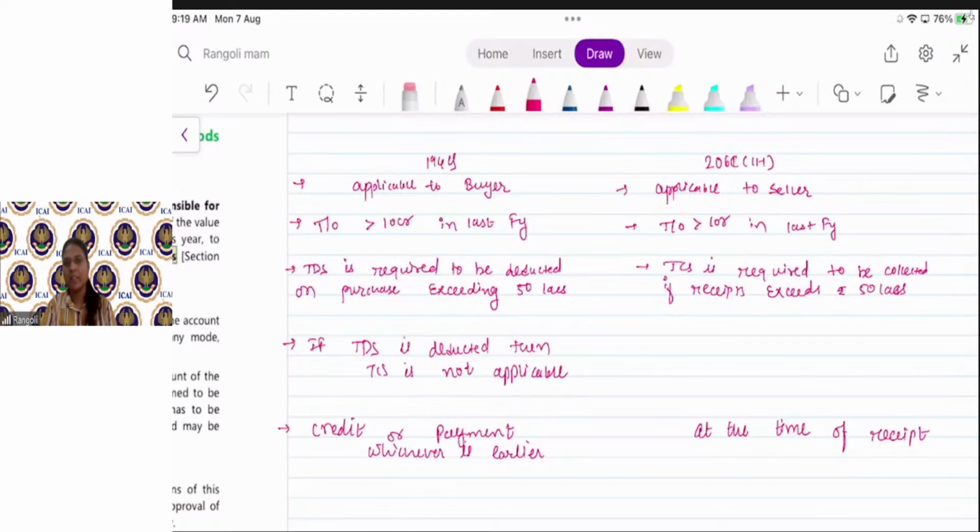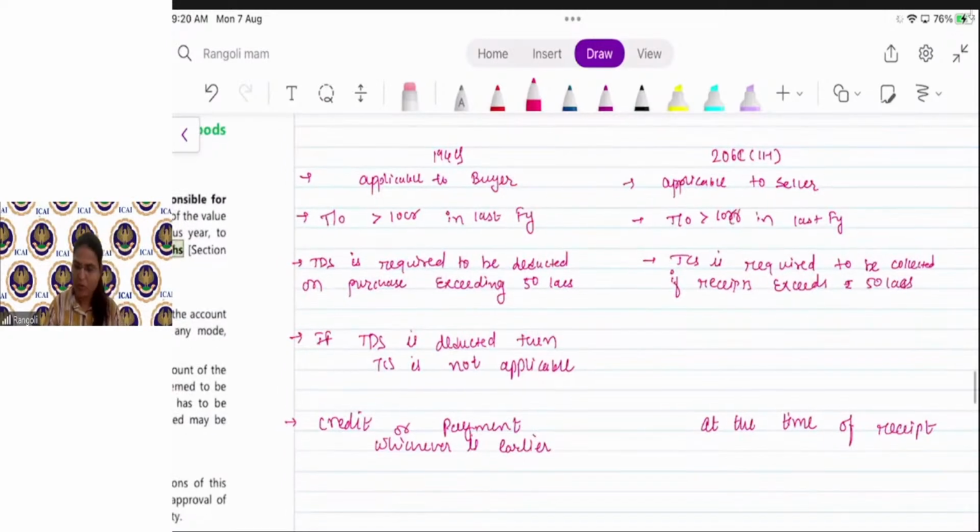Then the seller will collect 70 lakh plus TCS from the buyer and deposit the same to the government on behalf of the buyer. That is called TCS. So TCS is collected by the seller from the buyer and deposited on behalf of the buyer to the government.